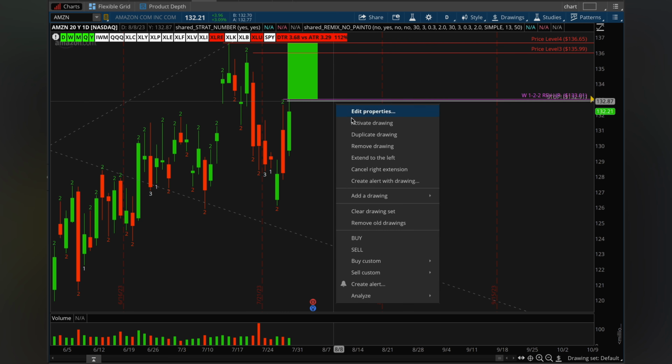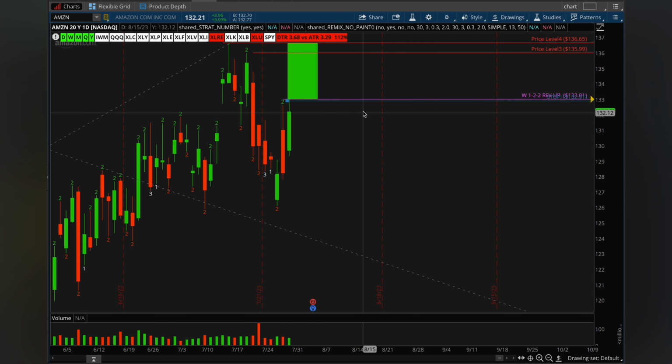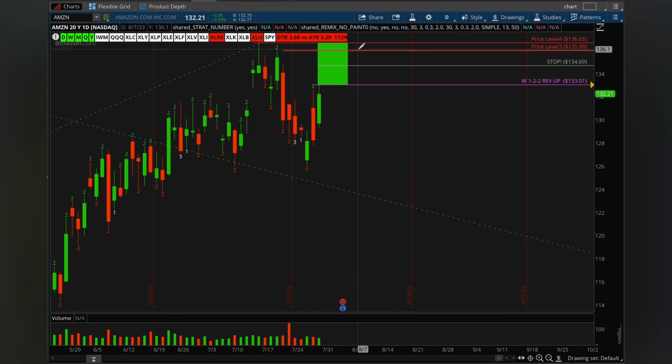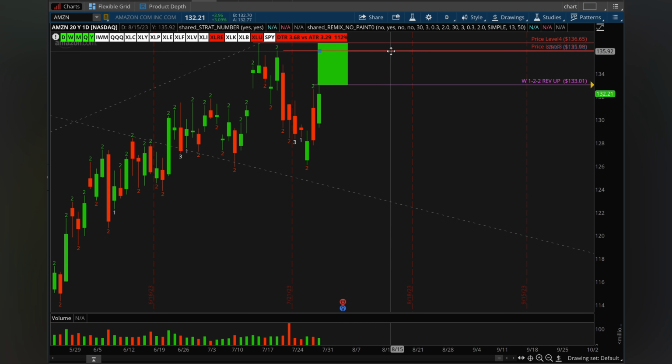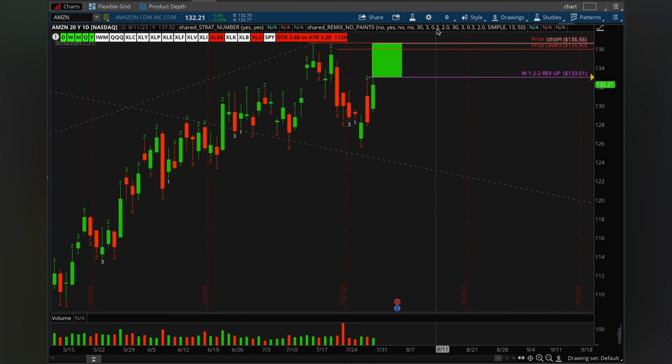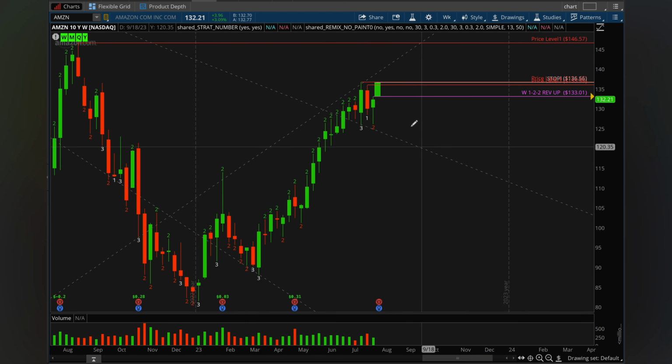When we get here, we activate it, maybe make it 50% right there. Then we might even go break even here, and so on until this trade, basically like we were on a weekly chart, we will be bumping our stops up.